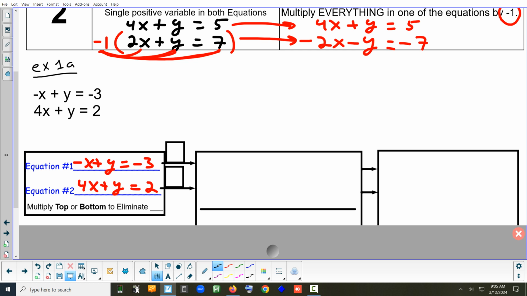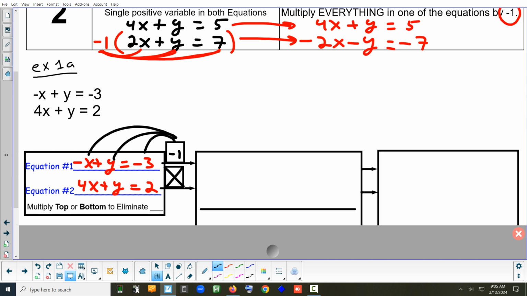Now, which equation did we say we're going to multiply by negative 1? The top. So I'm going to put a negative 1 in that top box. That's the number that's going to get distributed. You're not going to multiply the bottom one by anything, so I'm just going to cross that box out, because I'm not using it.